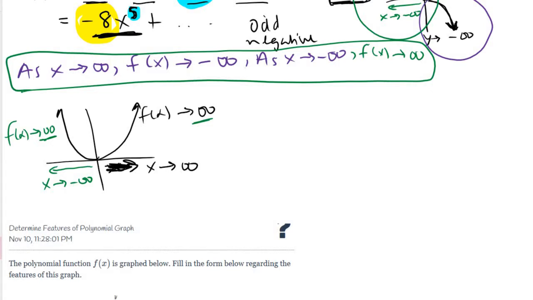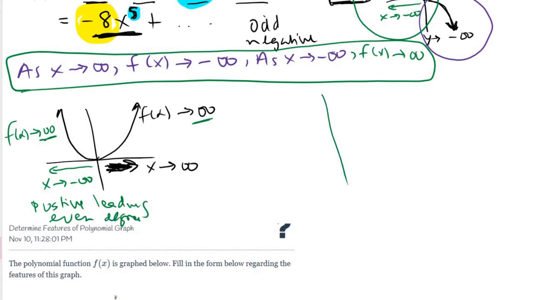On the other hand, if you are given one that has a positive leading coefficient, and then it's also even degree. All right, let's say you are given the other one.